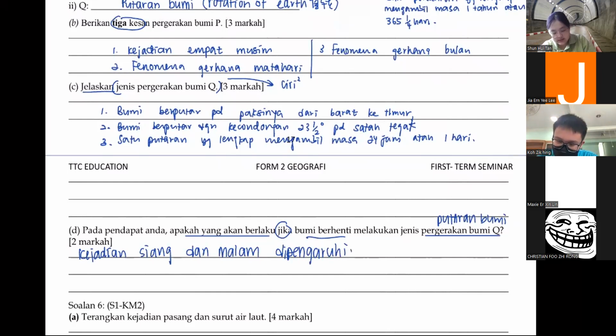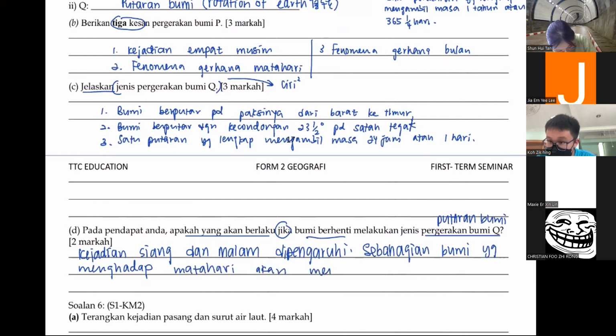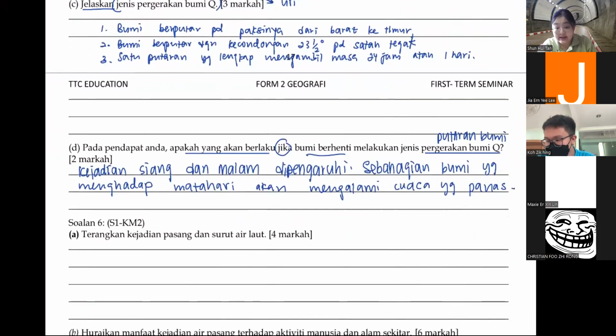So you can say sebahagian bumi yang menghadap matahari akan mengalami cuaca yang panas. Hot, because you receive sunlight all day.